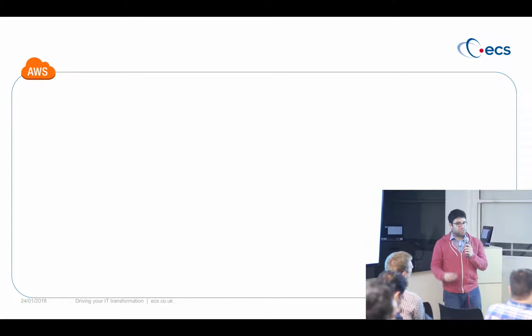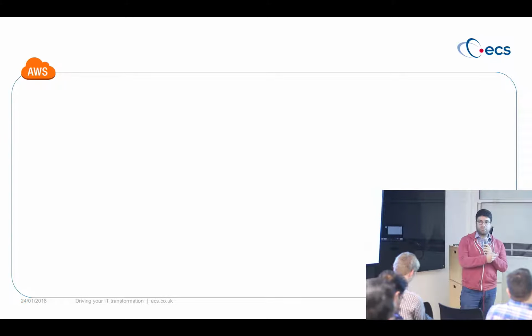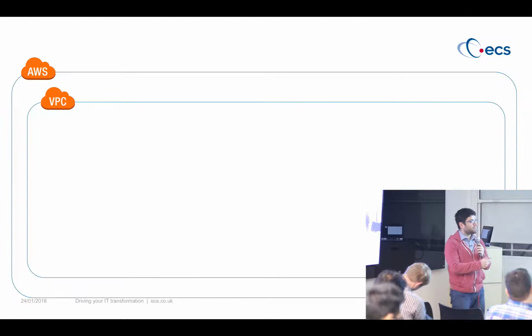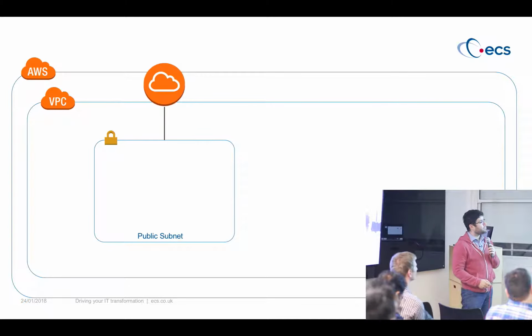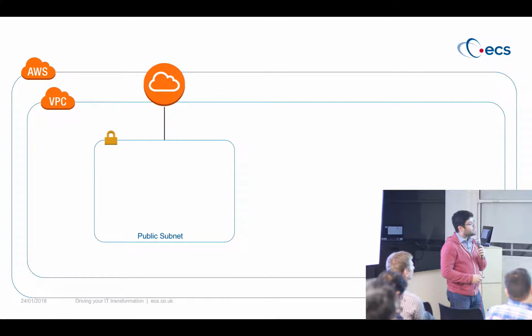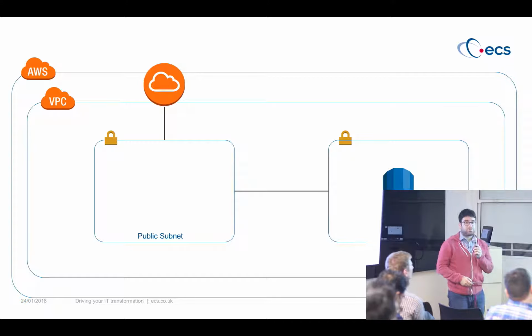To give you a better example, let's just imagine your AWS account. We've got AWS, we've got a VPC in a region. We've got a public subnet connected to the internet via an internet gateway, and a private subnet with a database.